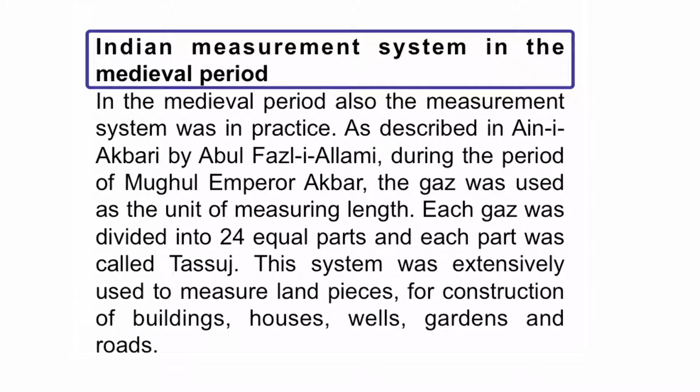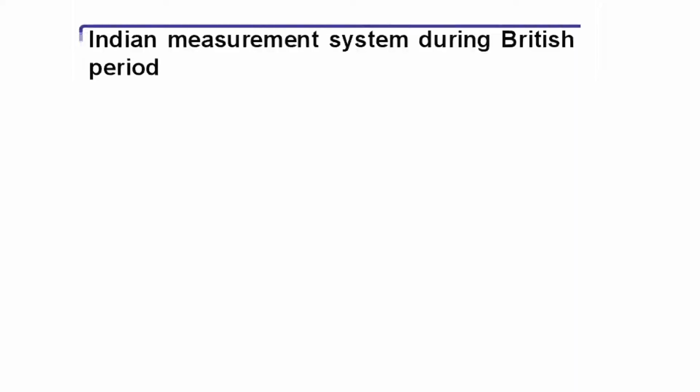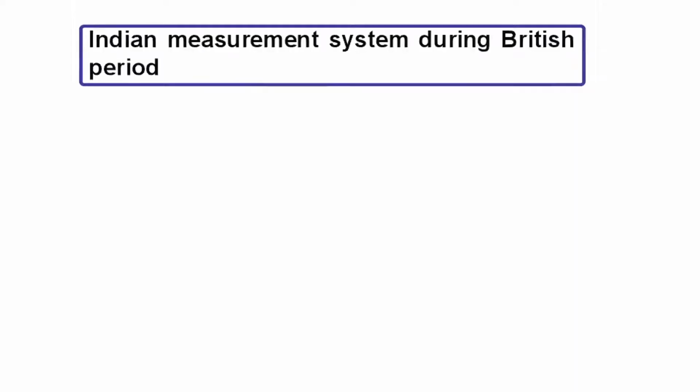The system was extensively used to measure land pieces for construction of buildings, houses, wells, gardens and roads. The gaj was widely used as a unit of length till the metric system was introduced in 1956. Even today, in many parts of our country, particularly in the rural areas, gaj is being used as a unit of length.